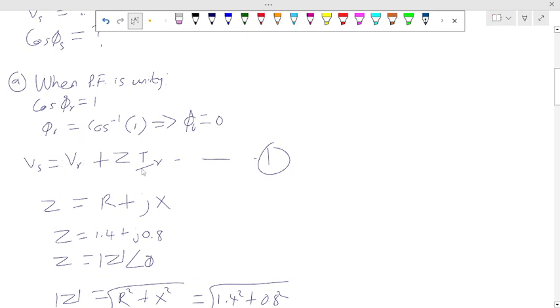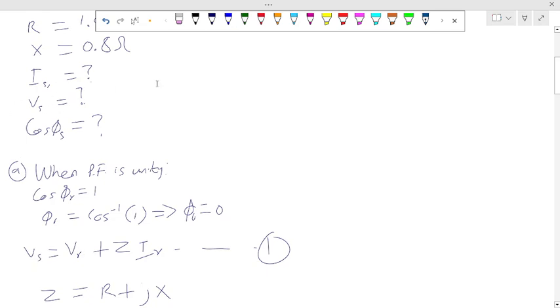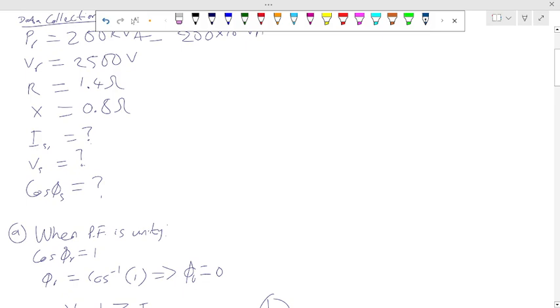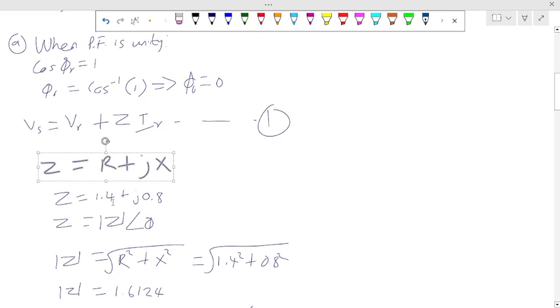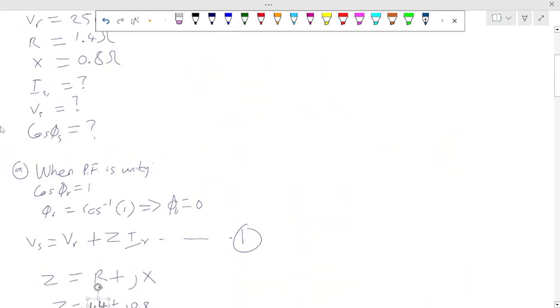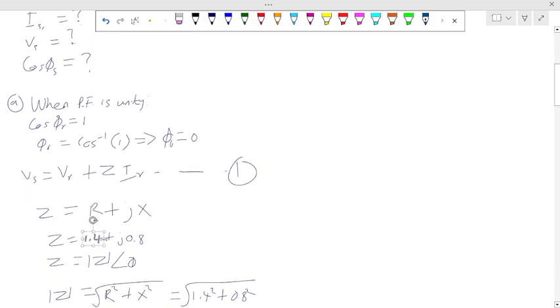We already have VR right here, but we do not have the impedance. Recall that this equals the resistance plus the reactance. So we just substitute in the values: the resistance is 1.4, and the reactance is 0.8.